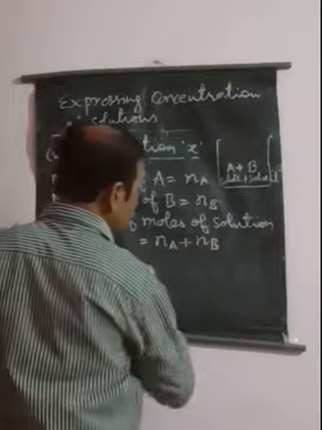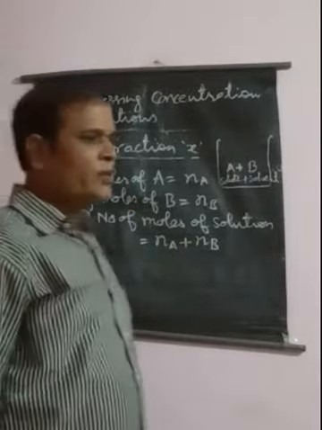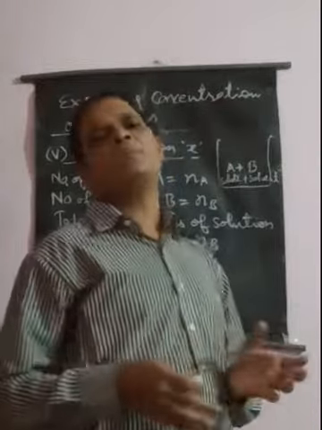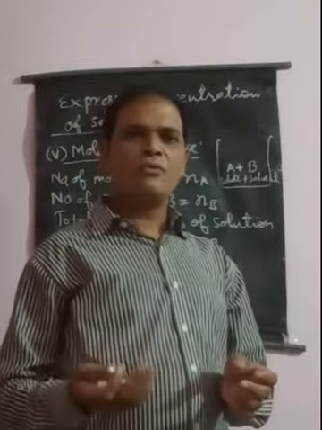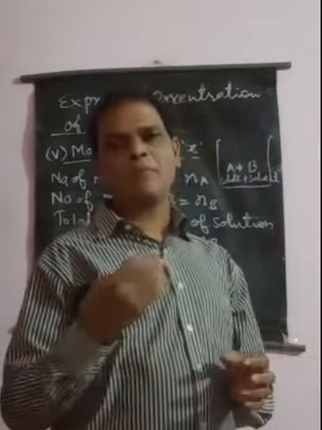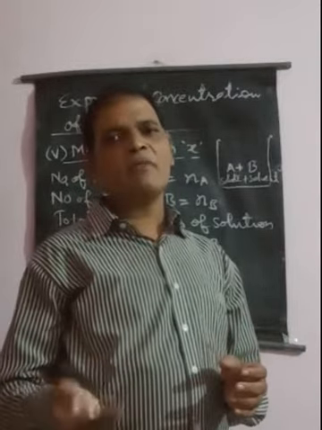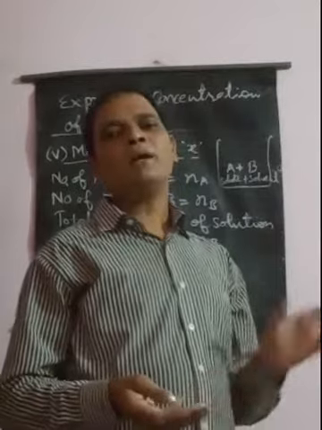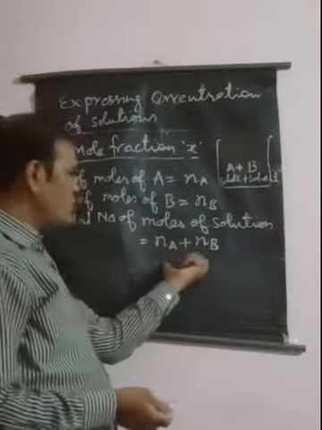You will write this. Now, if you want to find out the fraction of the number of moles of any component, what you will do is take the number of moles of that particular component and divide it by the total number of moles of the solution.